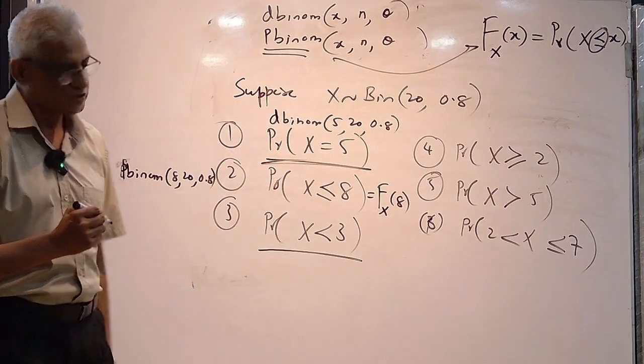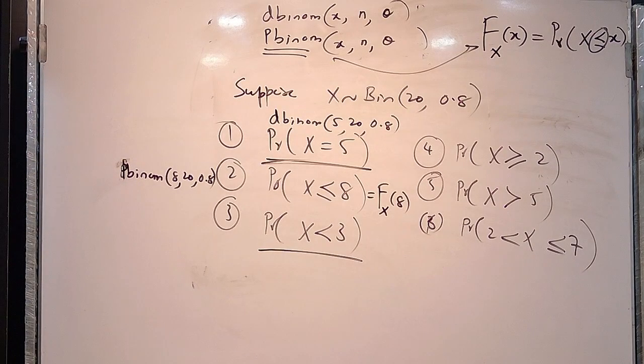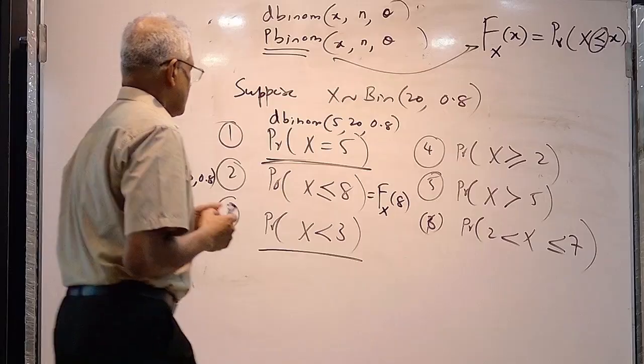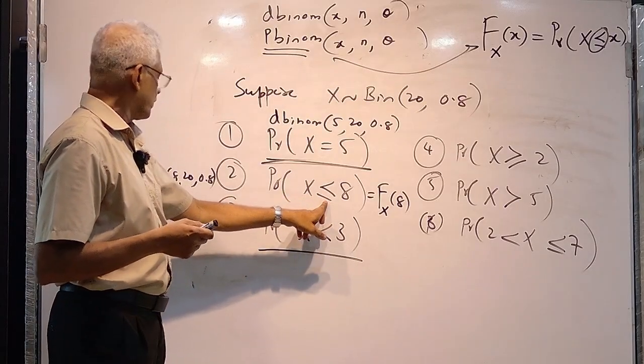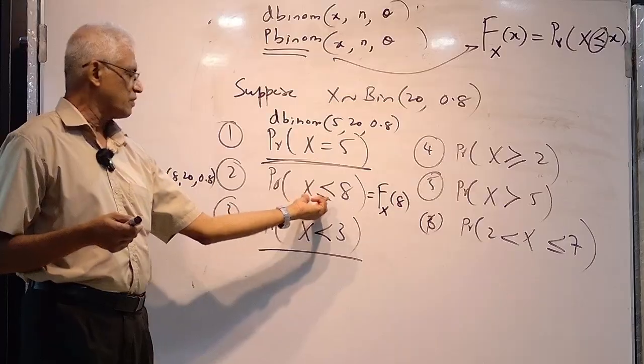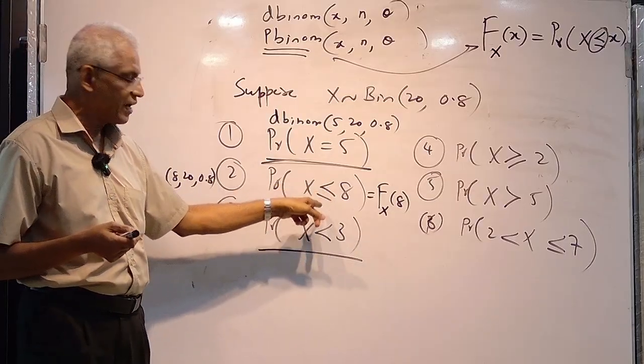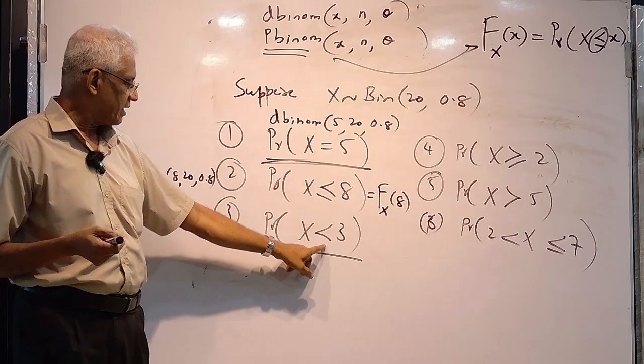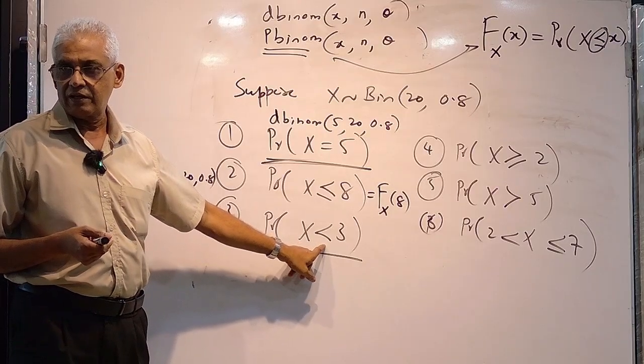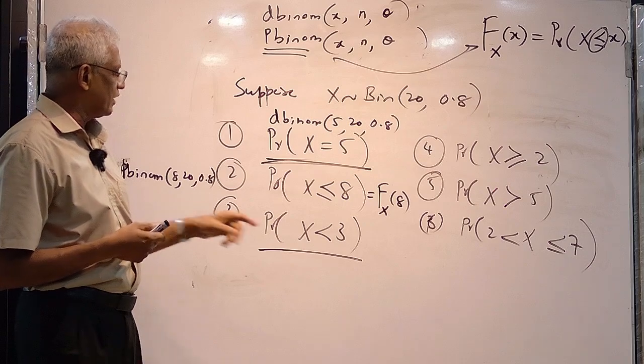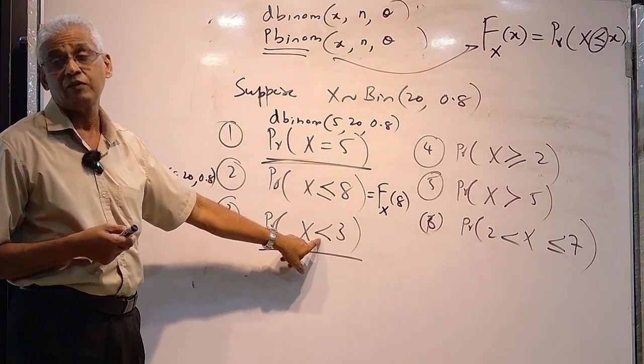How do you answer this one? Probability x less than 3. How would you do that using R? This one I could get directly using p binom because it is the cumulative, since the less than or equal to sign is there. But here it is only less than, right? So what I can do is write this one with the equal sign.